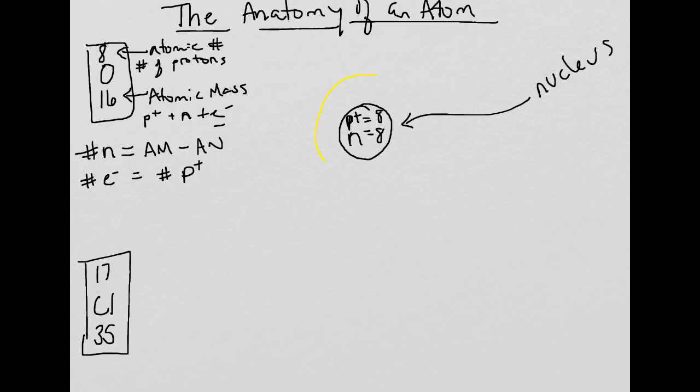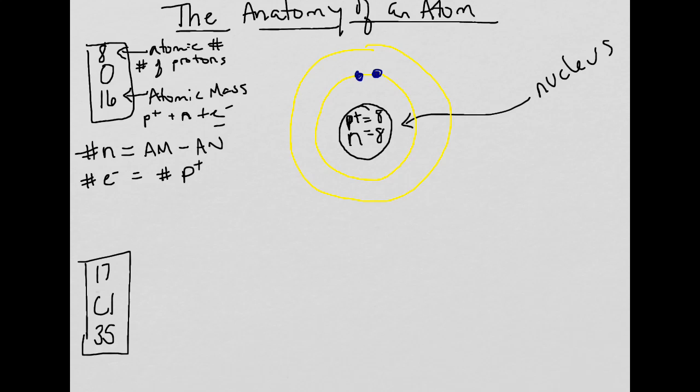And these are locations where you're likely to find the electrons, where they fly about the nucleus. Okay? And these orbitals have a certain amount of energy associated with the electrons that are found there. So in the first energy level, the first orbital, we find 2 electrons.